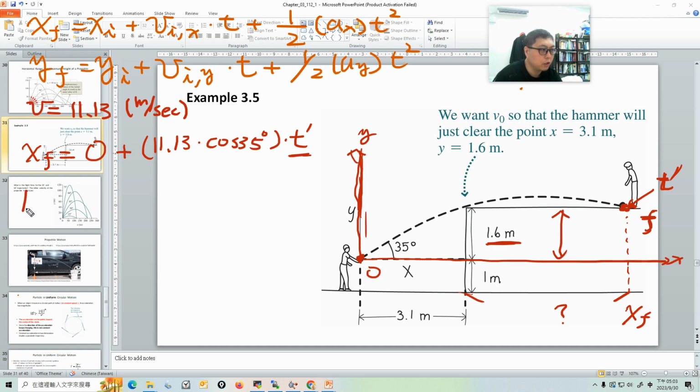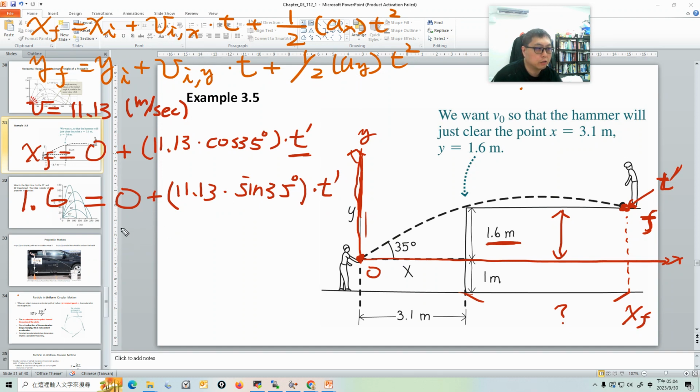The initial position is 0. The initial velocity y component is 11.13 times sine 35 degrees, times t prime, which we don't know. The acceleration is in the y direction.